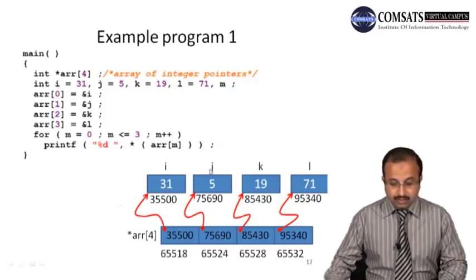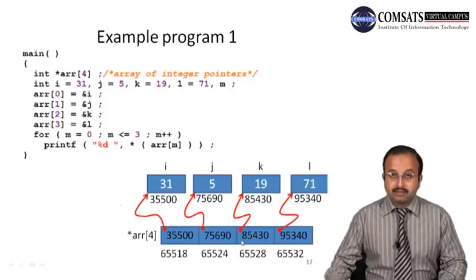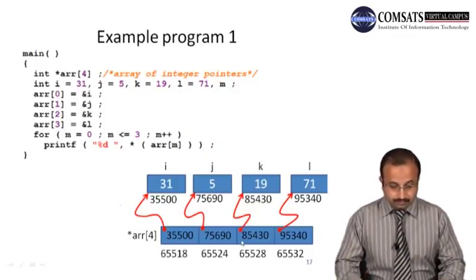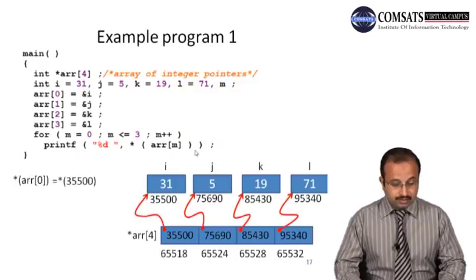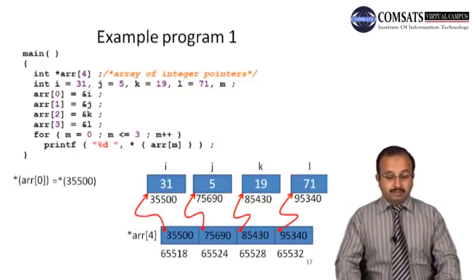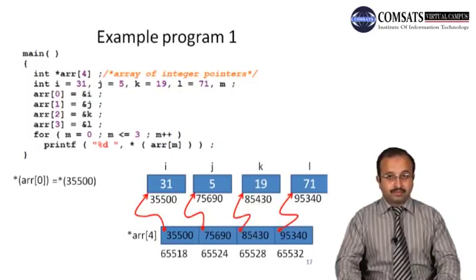Now, the values of i, j, k, l, using this array you can print those values. How? When the value of m is 0, we have *arr[0]. Now arr[0] is 3550, and when you put the star with this, you can read out the value at address 3550, and that value is 31.